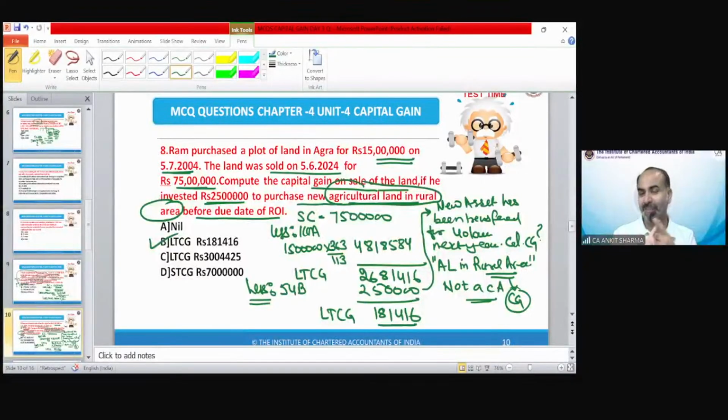Nobody will take your exemption. And you need not pay any gain on transfer of agricultural land in rural area. You can see the tax planning. So when you understand this income tax, you know how to plan your taxes. Okay, so that is a very interesting tax planning tip I have given to you.